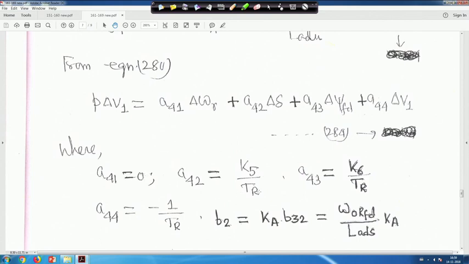A42 is K5 upon TR, A43 is equal to K6 upon TR, right. A44 is equal to minus 1 upon TR, B2 is equal to Ka into B32, which is omega 0 RFD upon LADS into Ka.